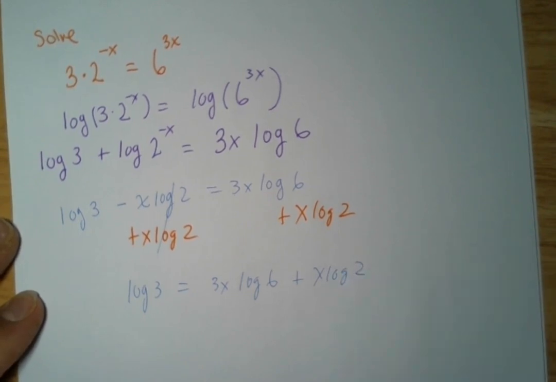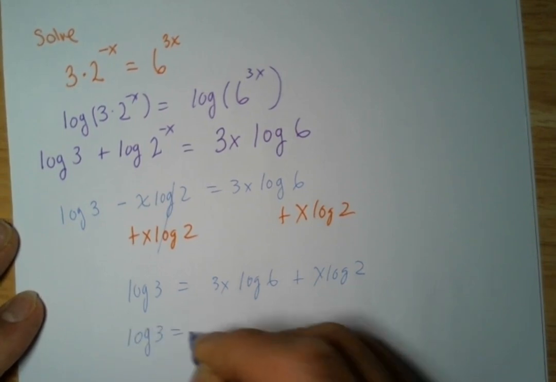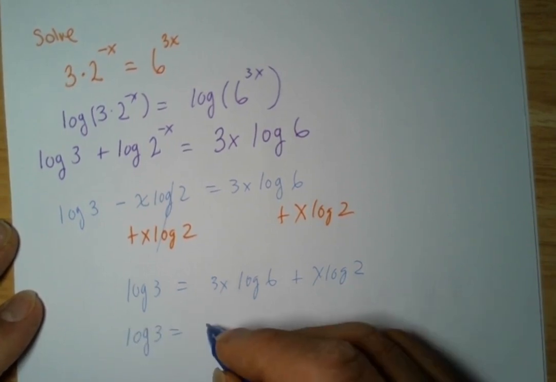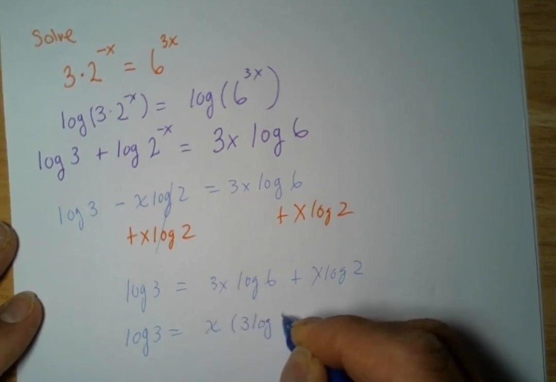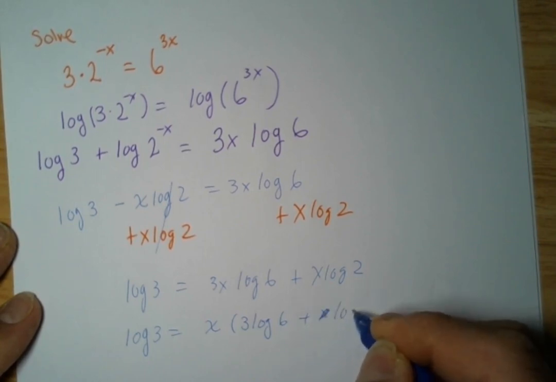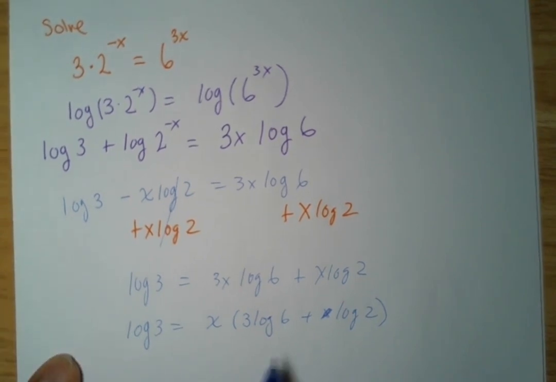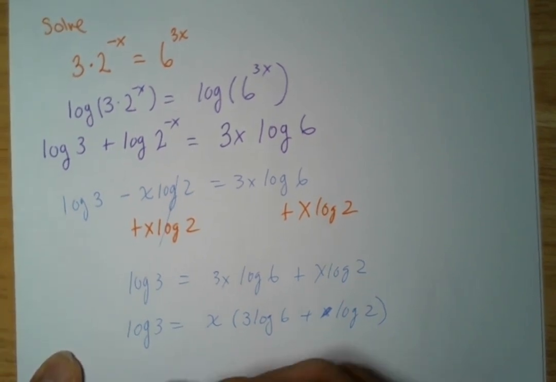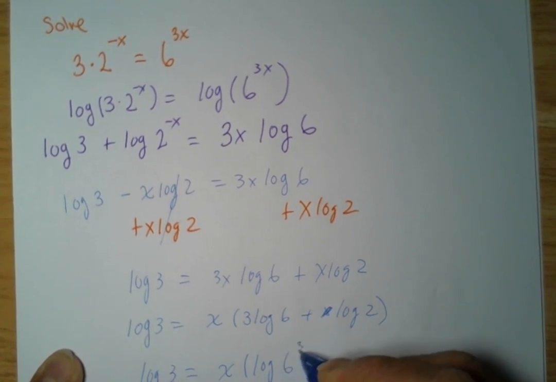All right. And then again, similar to before, we'll factor out an x here. And then let's condense this. So what this will become is log 3 is equal to x times log of 6 cubed, right?